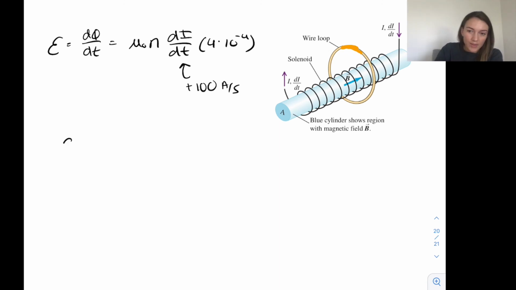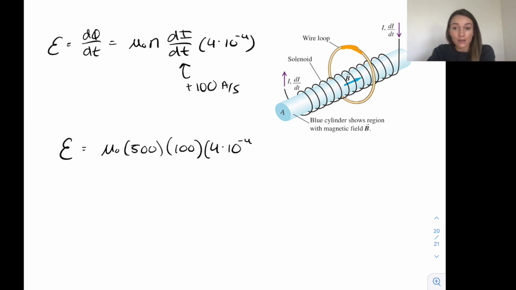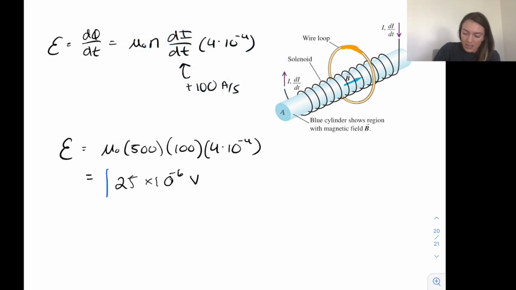So again, I'm ignoring the negative sign for a second. We'll figure out the direction later. So the EMF is just μ₀, and then n was 500 turns per meter. di/dt was 100, and the area was 4 times 10 to the negative 4. And so this comes out to 25 times 10 to the negative 6 volts. So this is the magnitude of my EMF.